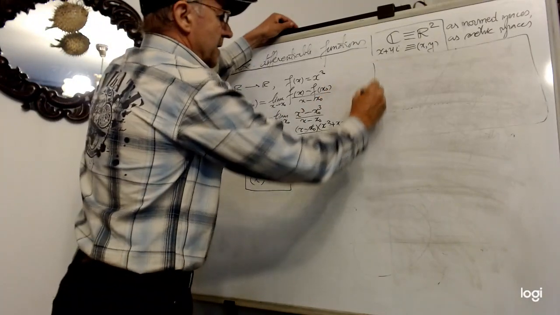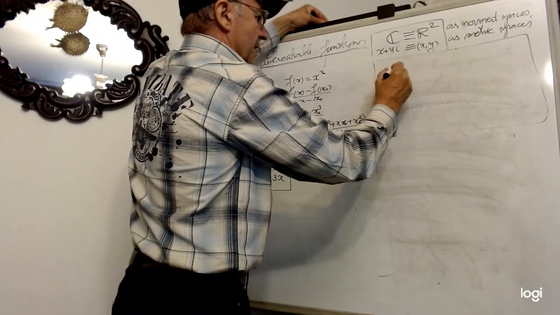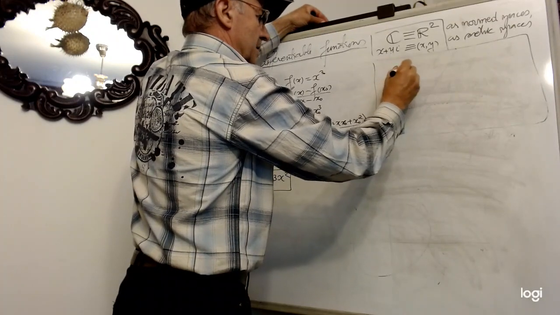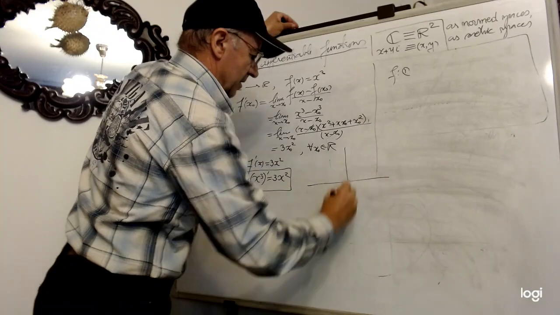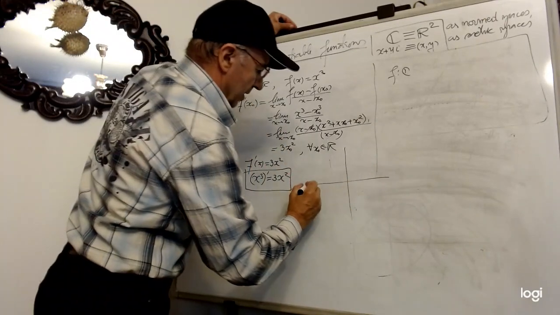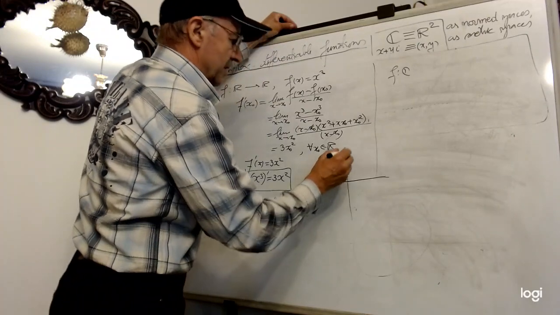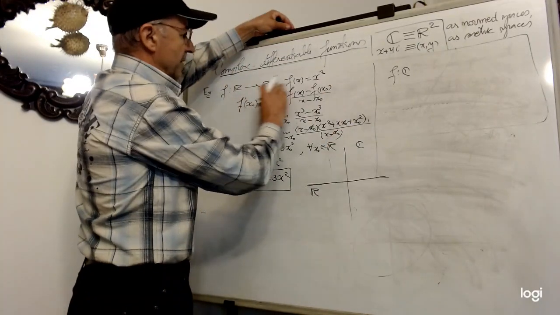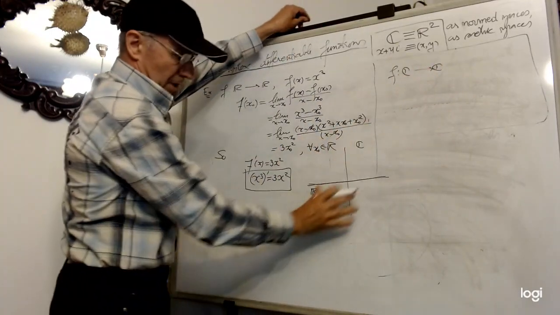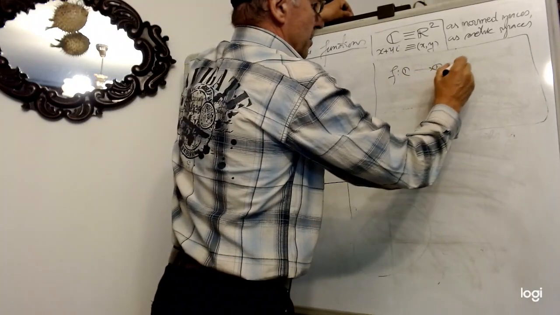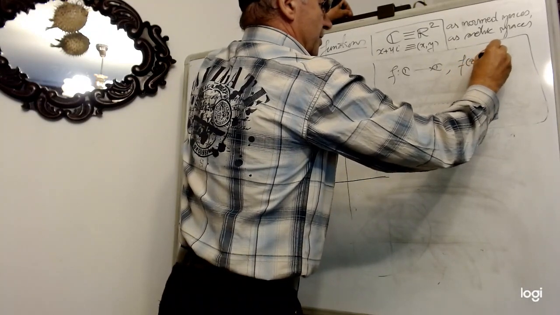But exactly this computation can be done in the case of the extension of this function, which is defined on the real axis. Here is the real axis, in the complex plane, but this can be extended to a function on the whole complex plane, namely the function f of z equals z cubed.